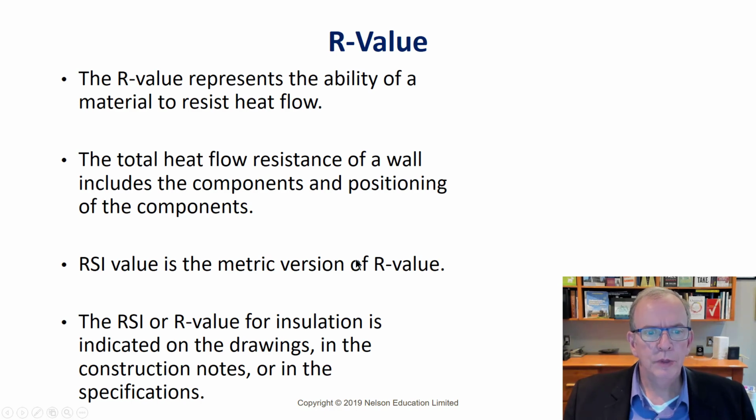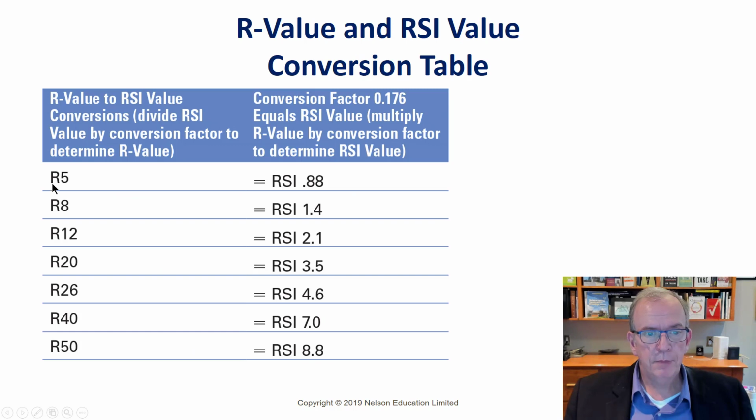So R value, you've heard me talk about it. It really is a resistance to heat loss. RSI is just the metric equivalent of R value. And the higher the R value, the more resistant the material is to heat loss through it. So an example of R value to RSI, I still think in the old imperial with R's because it's just an easier number to remember, is this.